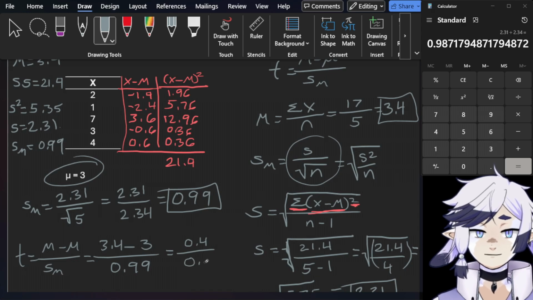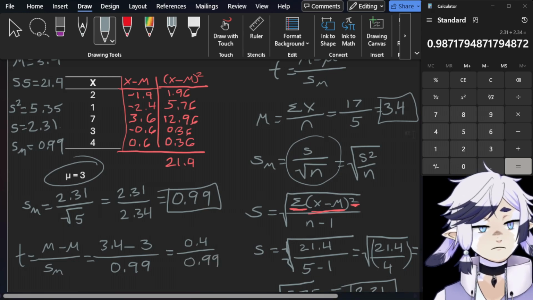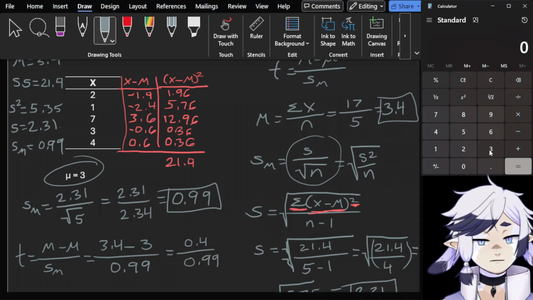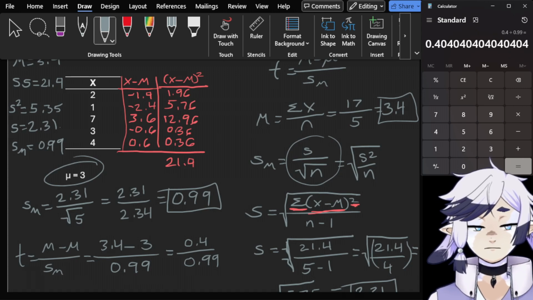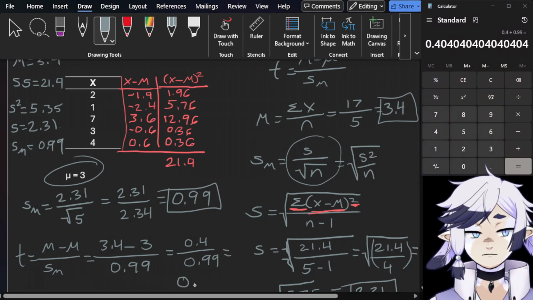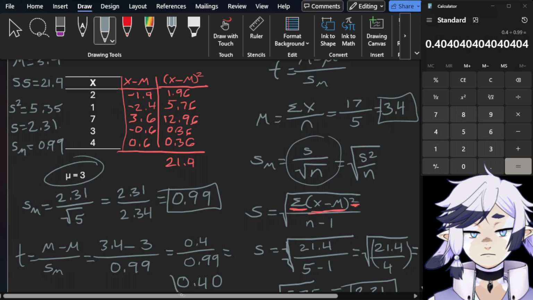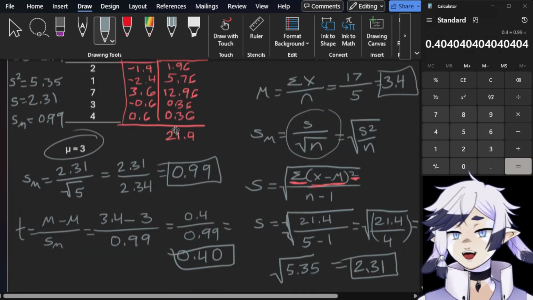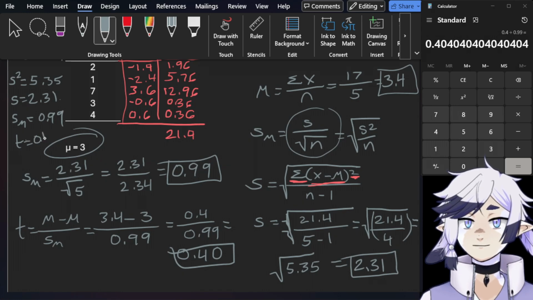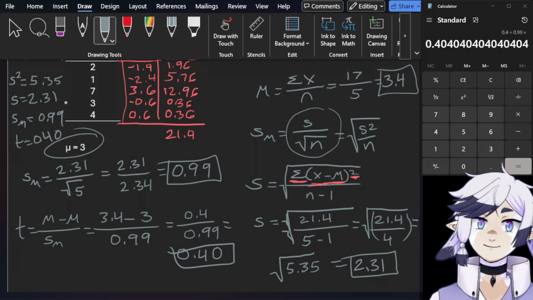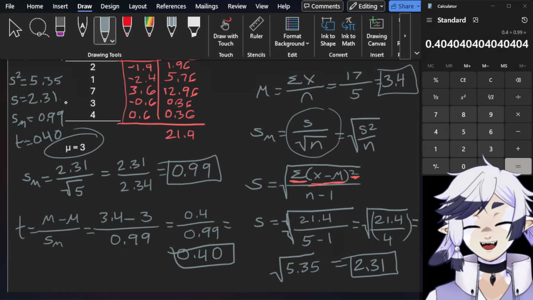And then I need to divide that by 0.99. So that's 0.4 divided by 0.99. Our t-value is 0.40, rounding to 2 decimal places. There we go. T equals 0.40.